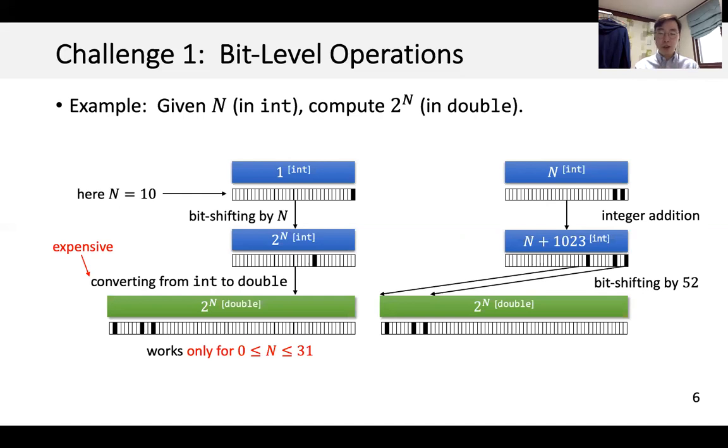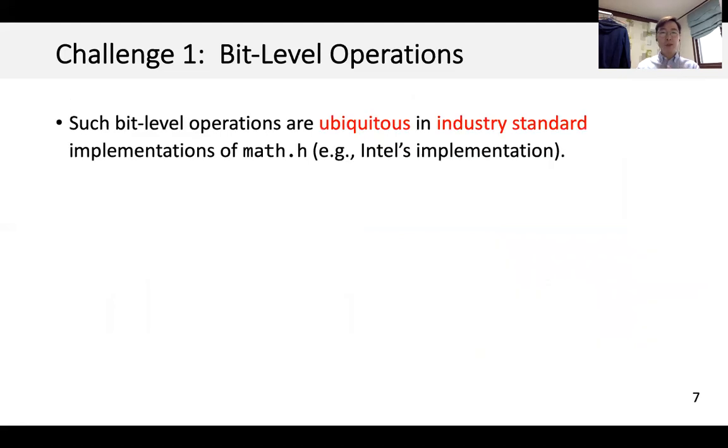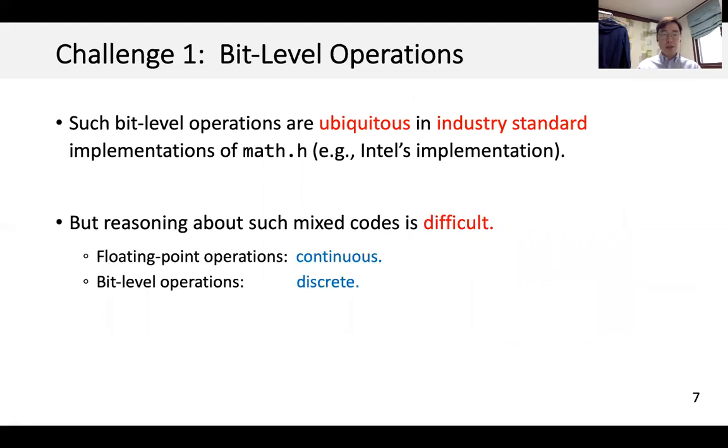This approach is more efficient than the left approach, and also it works for a wider range of inputs. As we analyzed the floating point implementations of the math.h library, we figured out that such bit level operations are ubiquitous in those implementations. But you can see that reasoning about such mixed code is not that easy.